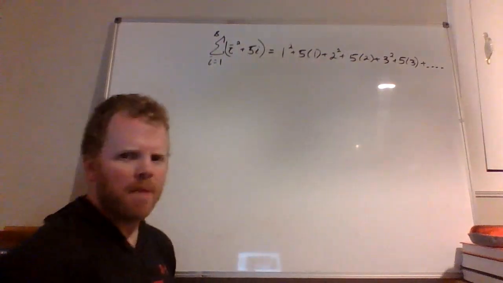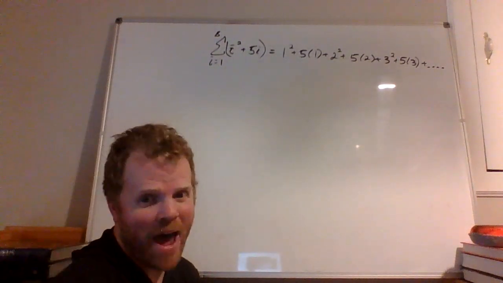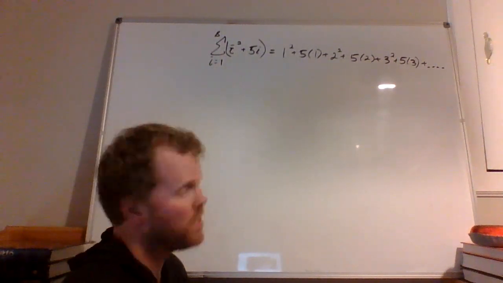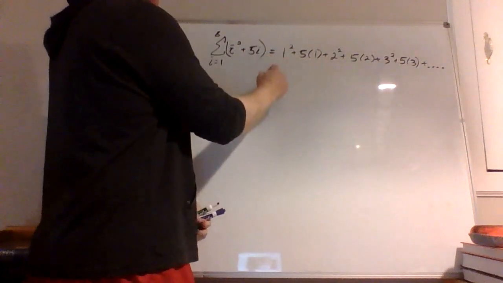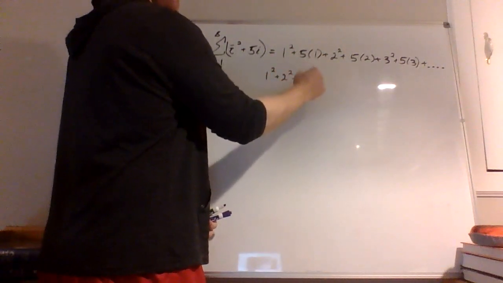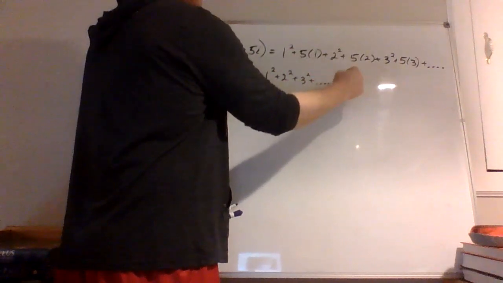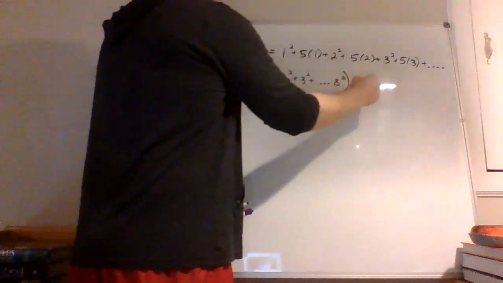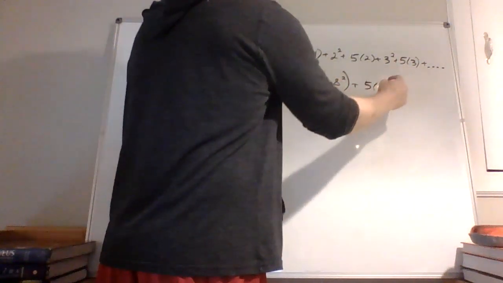The big takeaway that I'm aiming for here is that it doesn't matter the order you add. So if you want, you could do this as 1 squared plus 2 squared plus 3 squared plus and so on, stop at 8 squared, plus 5 times 1 plus 5 times 2 plus 5 times 3 plus keep going there.